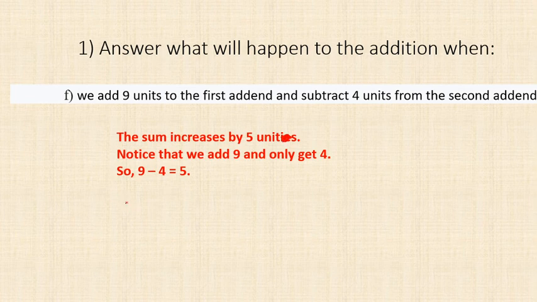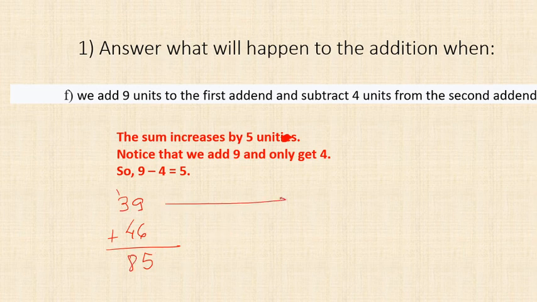Let's say, for example, that I have 39 plus 46. So 9 plus 6, 15 goes 1. And here 7, 8, 8, 5, right? So I'm going to add 9 to the first addend. It will become 48.